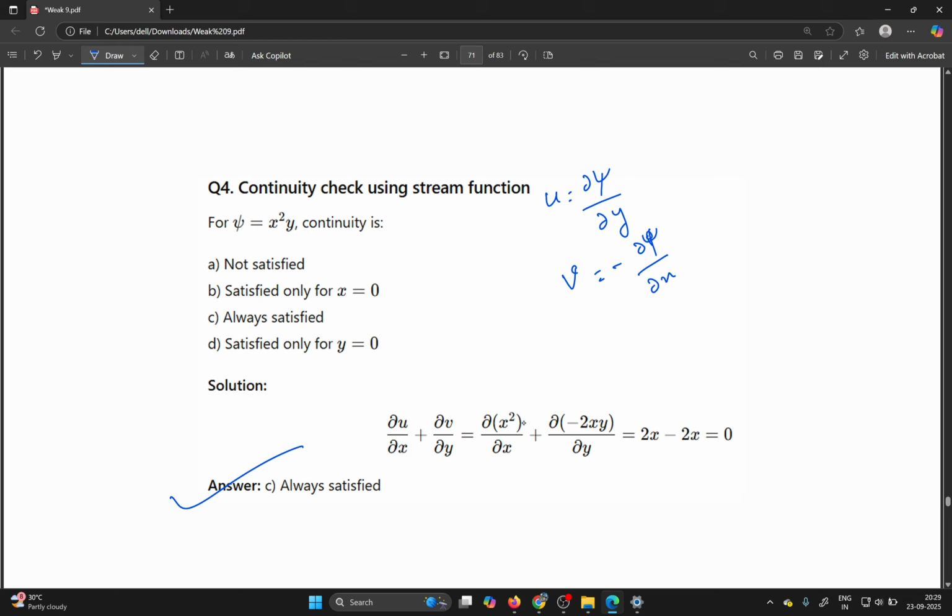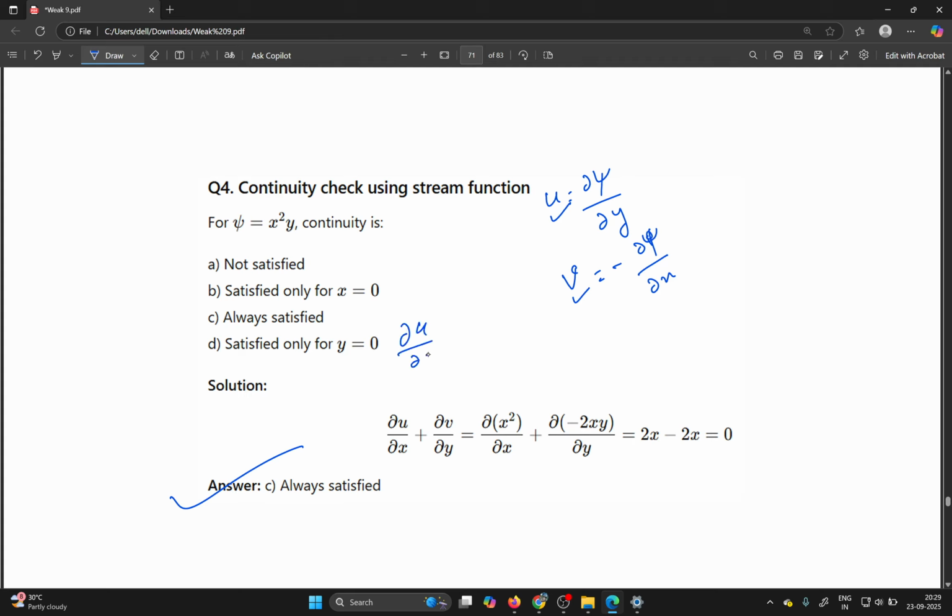In this continuity equation, you can put these things, because if you have a question asking whether this stream function follows the continuity or not, you need not calculate the u component and the v component. You can directly use the stream function and tell very easily whether it follows the continuity or not. You know the relation between the stream function and u, and the stream function and v.